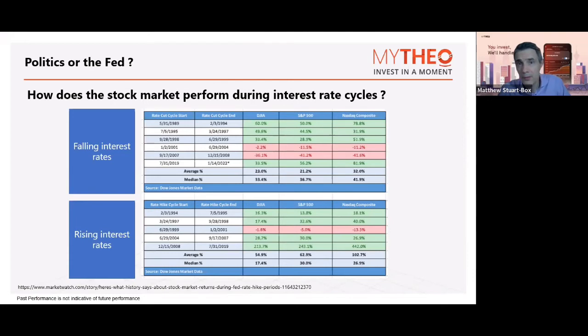And they are the direct cause of a lot of the bull market over the last 10, 12 years. So in that sense, it's very clear that the actions of the Fed are very important from a stock market point of view.